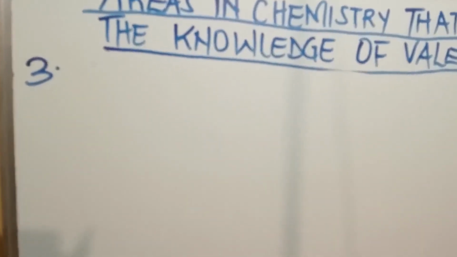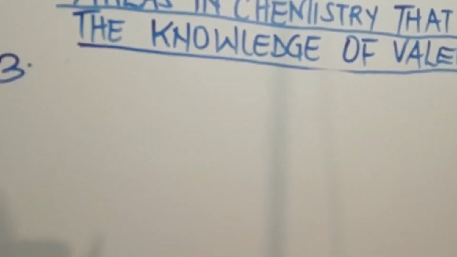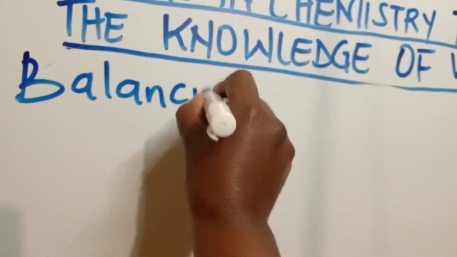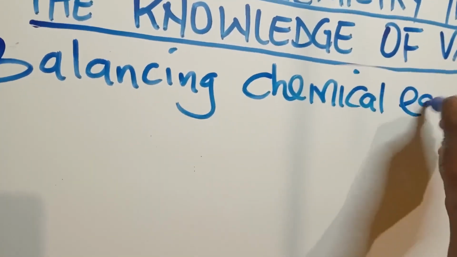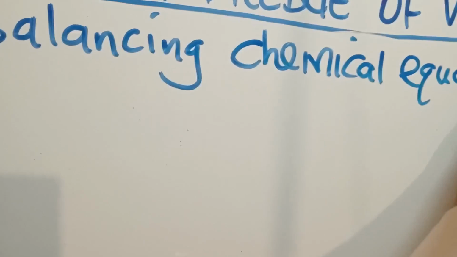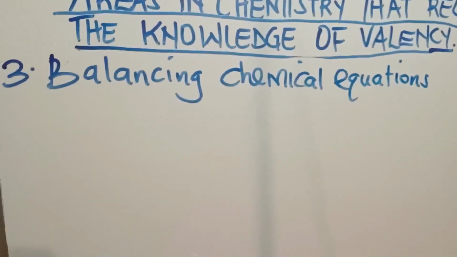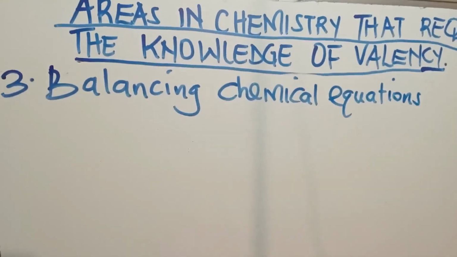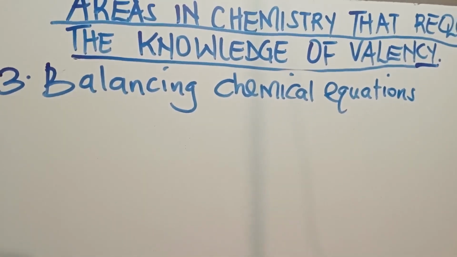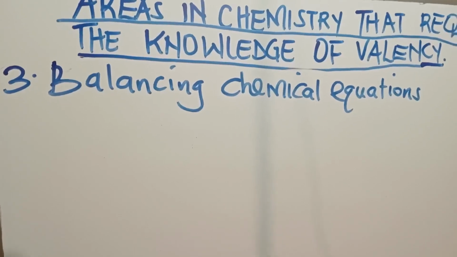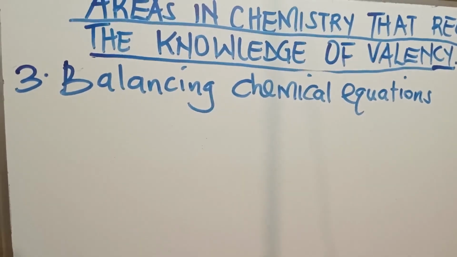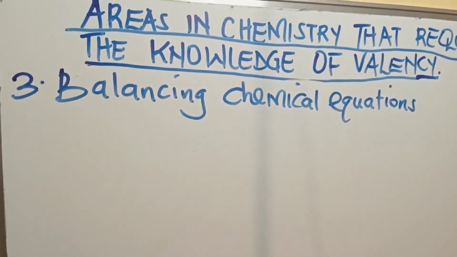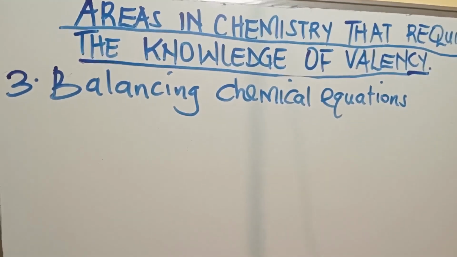The third area is in the balancing of chemical equations. In this area, the knowledge of valency will assist us to know how many atoms of each element are needed, so that we can have an easy time balancing each and every atom on each side, on the reactant side and on the product side.